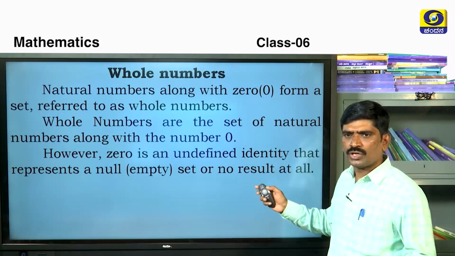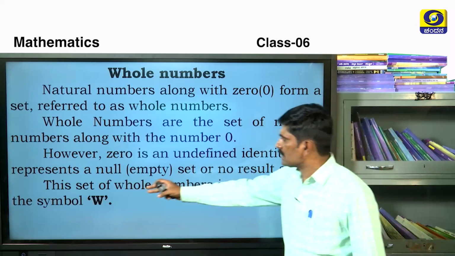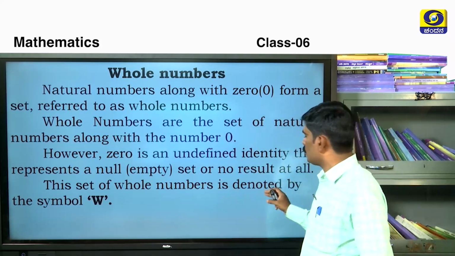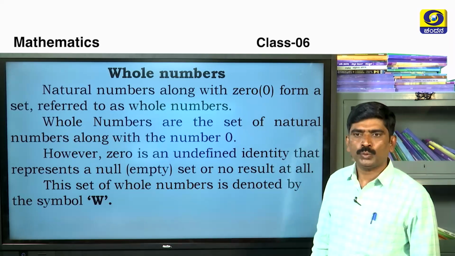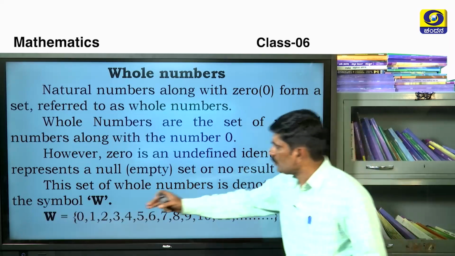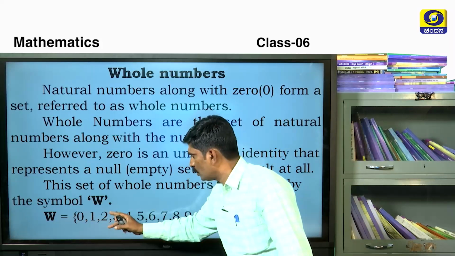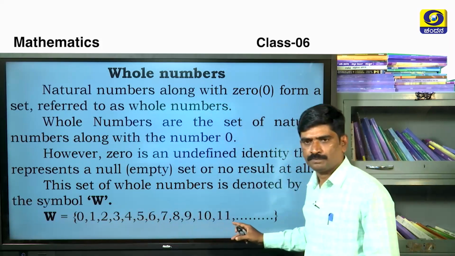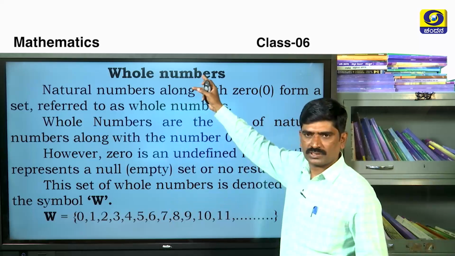This set of whole numbers is denoted by the symbol W. Then W is equal to 0, 1, 2, 3, etc. These are all whole numbers.